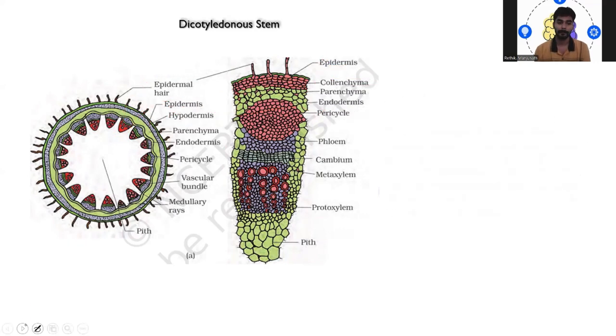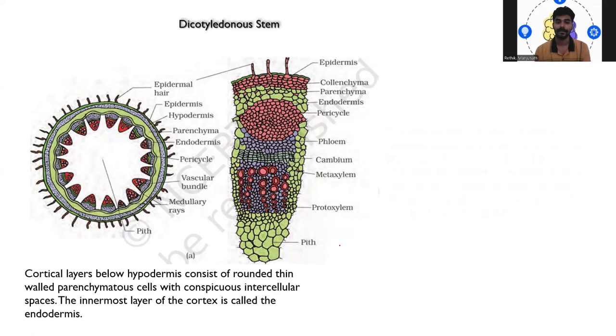So the next one is below the hypodermis, the cortical layer, which again consists of rounded, thin-walled parenchyma cells.